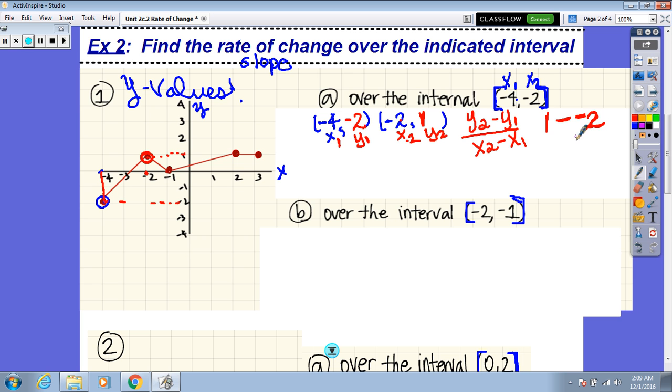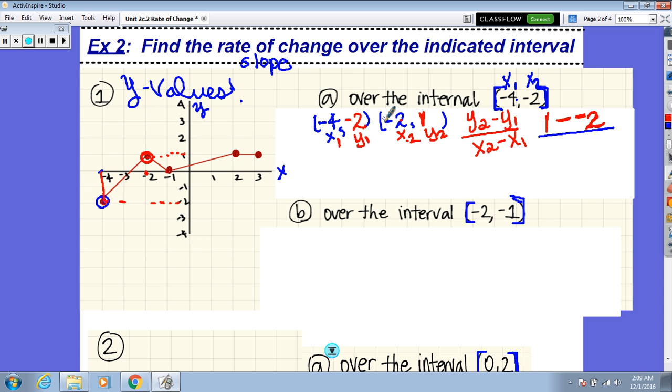And then we have x2, which is negative 2, minus x1, which is negative 4. So once again, I see the double negative, so I change both of the negatives into one big plus sign. Okay, and then we add or subtract. So since both of these numbers are positive, I just add and I get a positive 3.